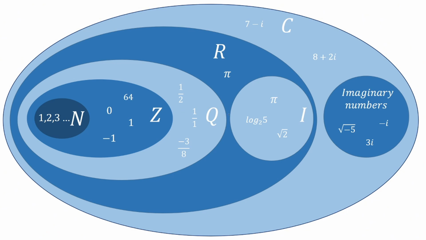For example, some people use P for the irrational numbers, and then they use I for the imaginary numbers. So there are a thousand ways to do the notation, but this is how I'm used to doing it, this is how I like doing it, and I think this is very clear.